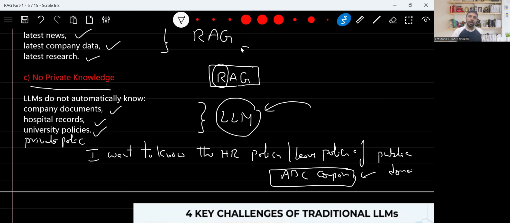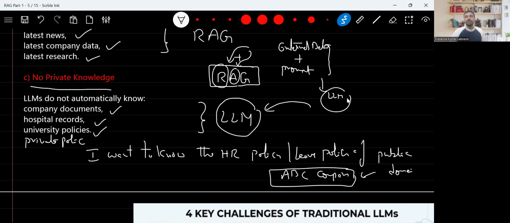Retrieval means we have to fetch the information from external data. What is meant by augmented? Whatever data we have fetched, you have to combine it with your prompt or query. So we are giving the external data and your prompt combinedly to your LLM.